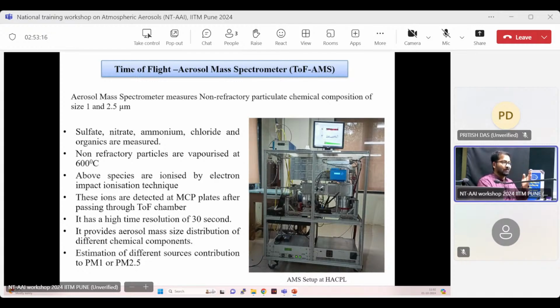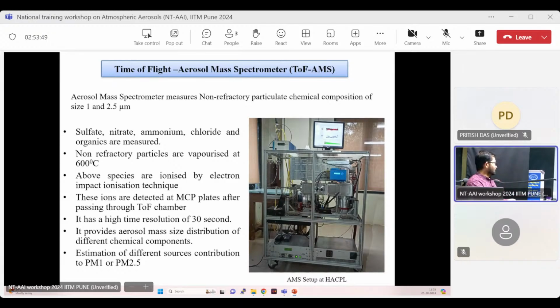Suppose you have ammonium nitrate in your aerosol, it will tend to vaporize at even 40 degrees. We term particles non-refractory when they are vaporizable below 600 degrees centigrade. Whatever is not vaporizable, like sodium chloride or sea salt and dust aerosols, will be refractory aerosols. So we don't get any refractory aerosols from this instrument; all will be non-refractory ones which are vaporizable below 600.